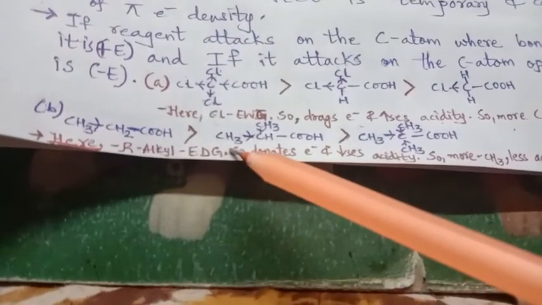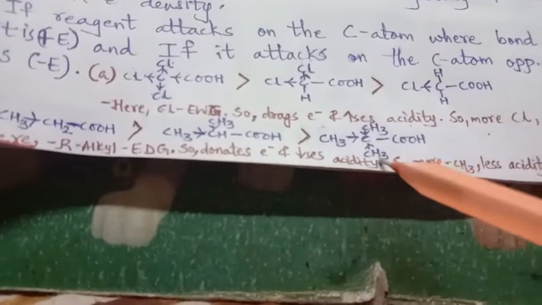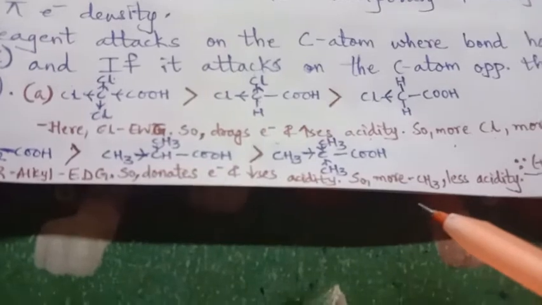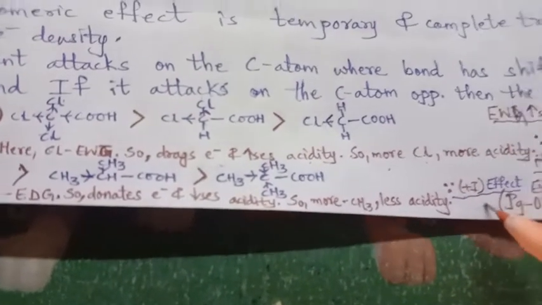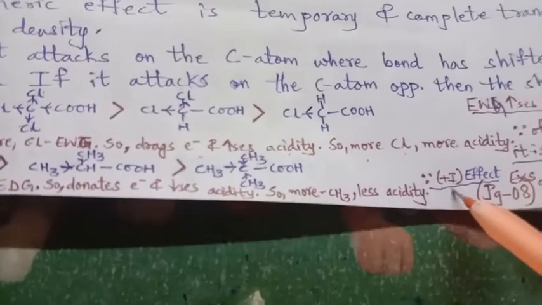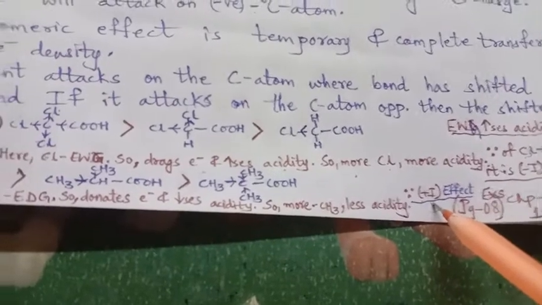So what happens? As soon as it donates the electron, the acidity decreases. So here it is different than the electronegative compound. The more the methyl group, the less the acidity. And it is the positive I effect.